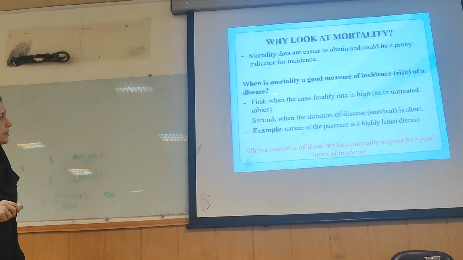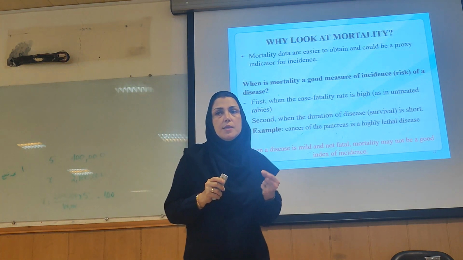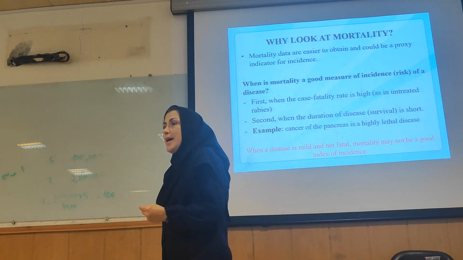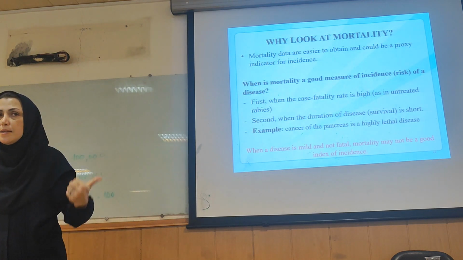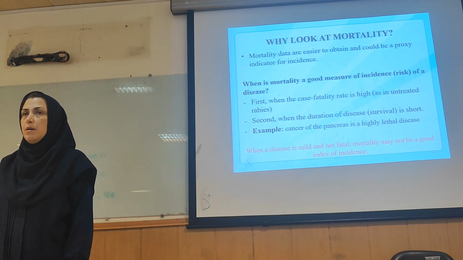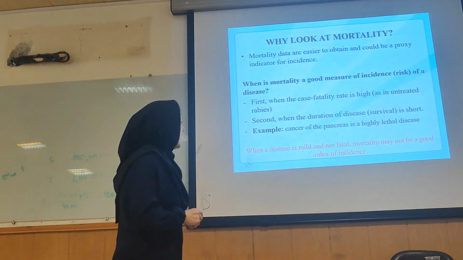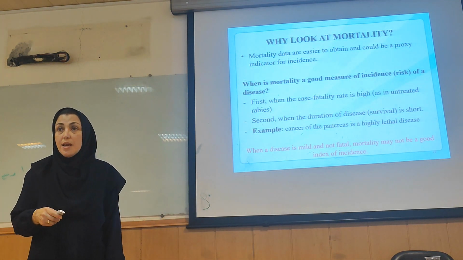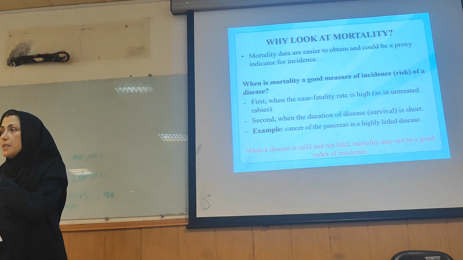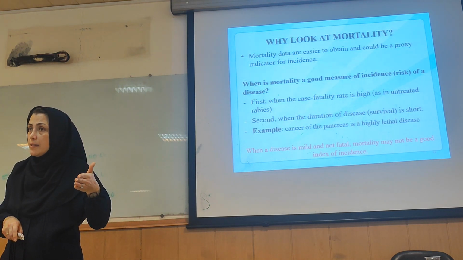But we can use the mortality information as a proxy of incidence, as a proxy of morbidity. What do I mean? I mean that in some situations, we can use mortality data as a proxy of incidence.